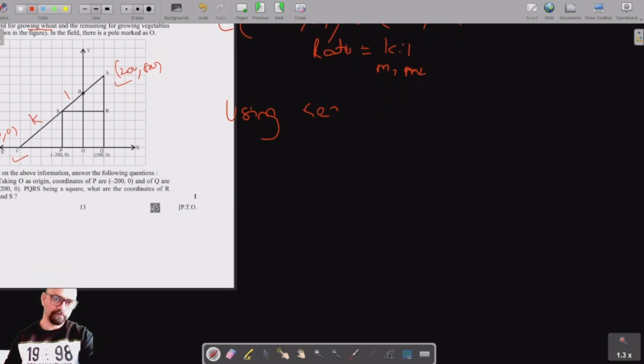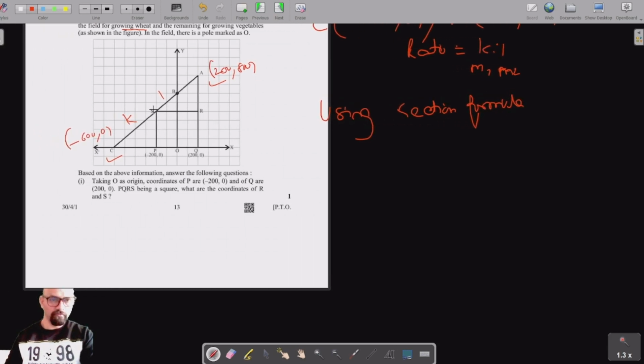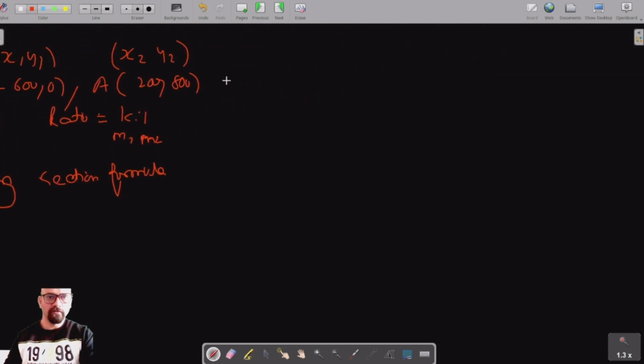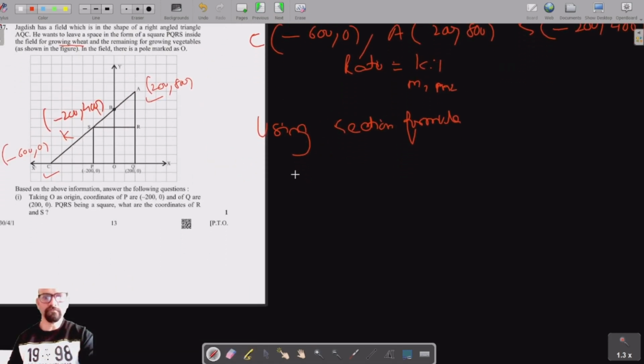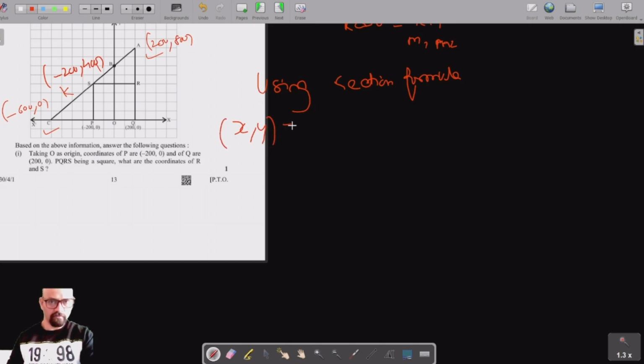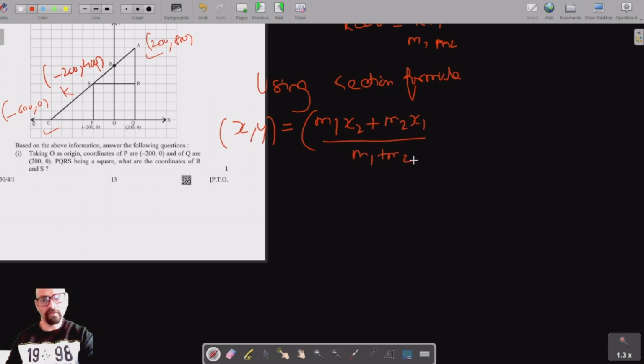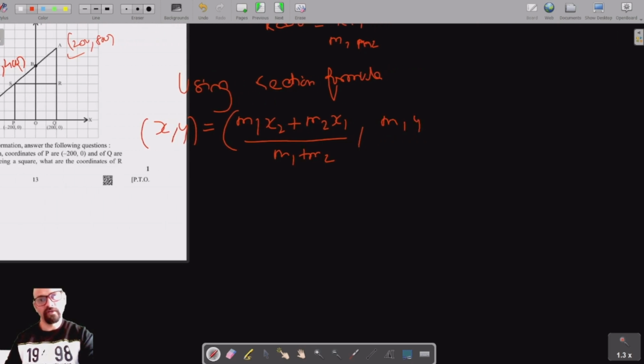Now we do have the coordinates of S as well, which are minus 200 comma 400. So using the section formula, x comma y is equal to m1 x2 plus m2 x1 upon m1 plus m2, comma, m1 y2 plus m2 y1 upon m1 plus m2.